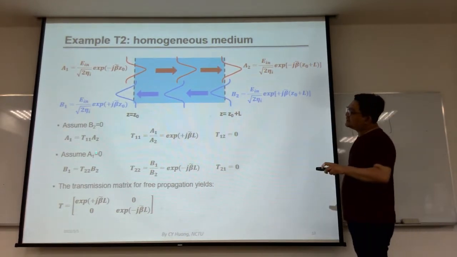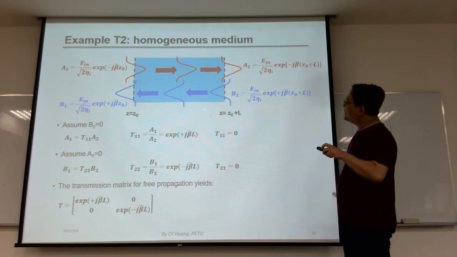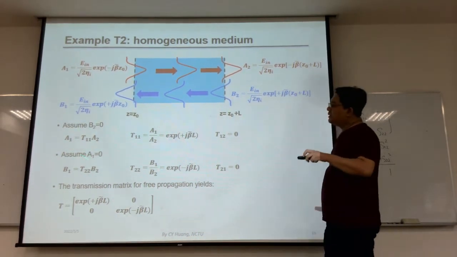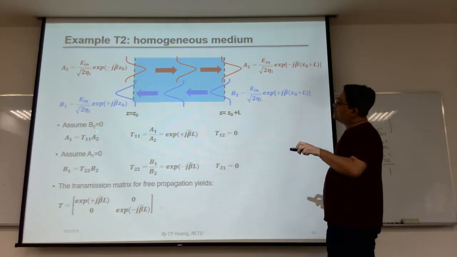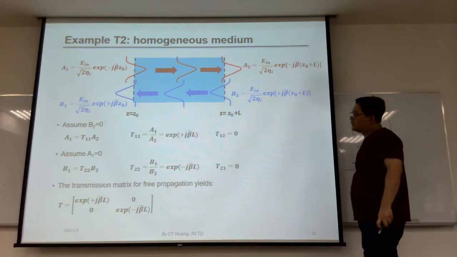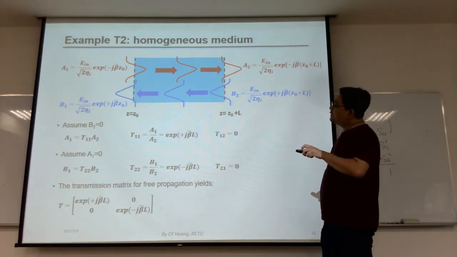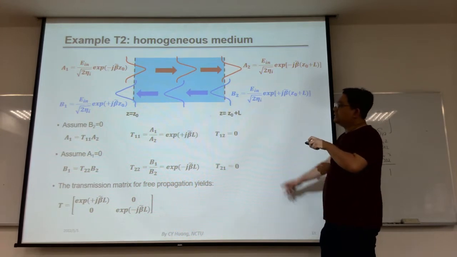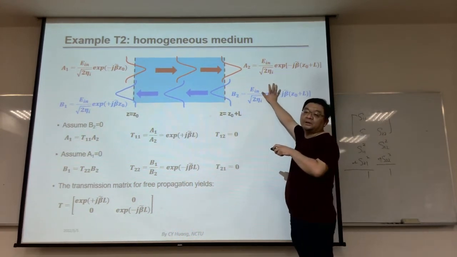So first, let's assume B2 to be 0. If there's no input here, then T11 is the ratio between A2 and A1. And T12 is the ratio between B1 and A1. Yeah, so it will be 0 because we don't have input from the right hand side.